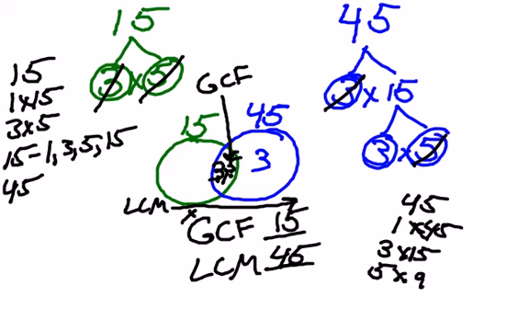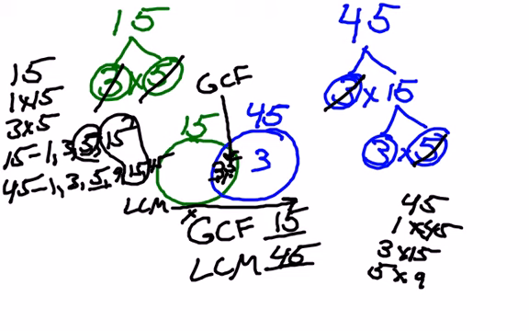And then we would put them as 1, 3, 5, 9, 15, and 45. Again, the greatest common factor would be 15. They both have 5 as factors, and 3 and 1, but the greatest one is 15.